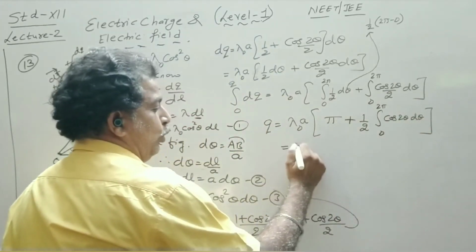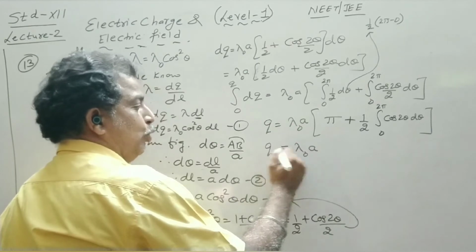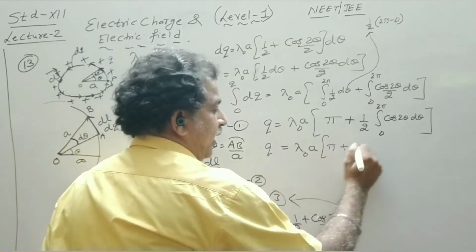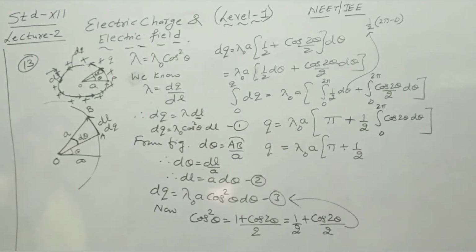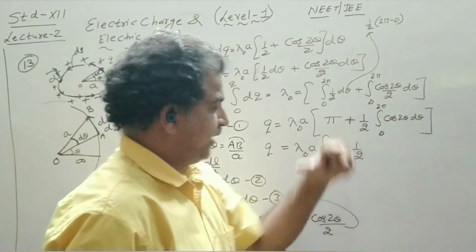So this is equal to lambda naught A, pi plus half. Now the integration of cos theta is sin theta.